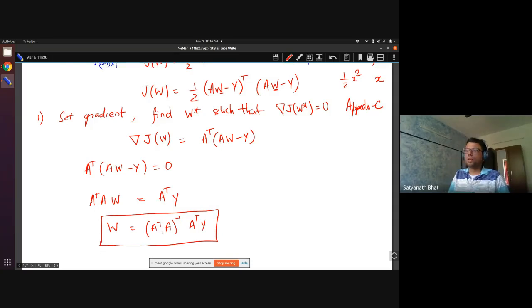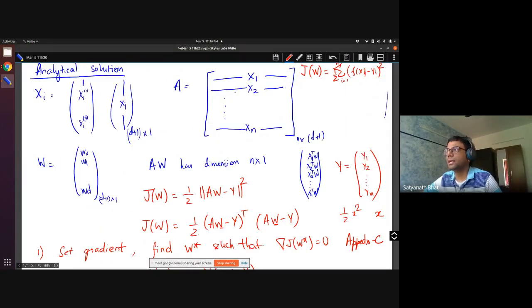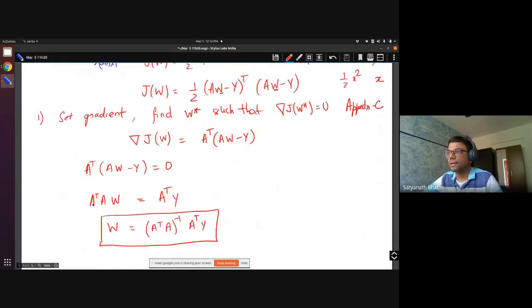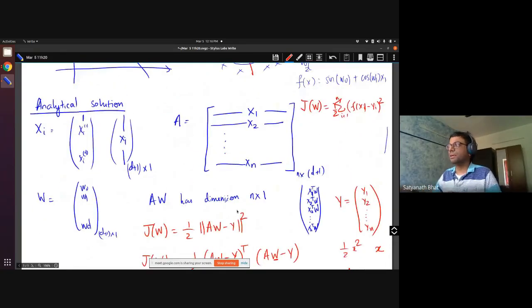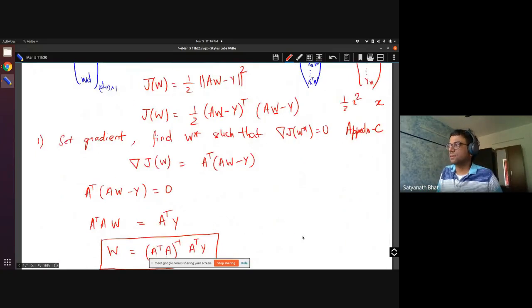This you can directly do because you know A. What was A? A was the collection of all the training samples put as a matrix. If you take A transpose A, what is the dimension of A transpose A? A's dimension we know is n cross d plus 1. A transpose therefore will have a dimension d plus 1 cross n.